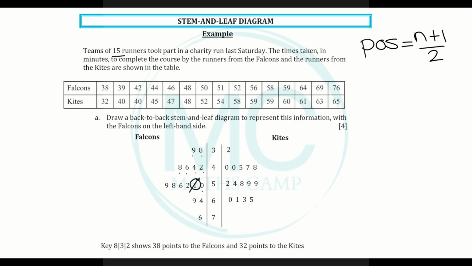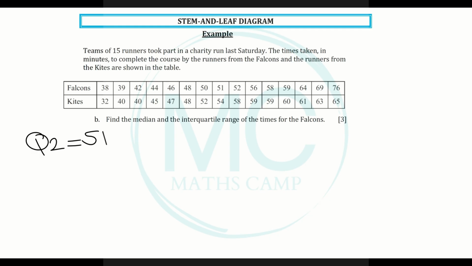So for the position of Q1, I can say 7 plus 1 over 2. 7 plus 1 is 8. Divided by 2 gives me 4. Start with the lowest value. 1, 2, 3, 4. So 44 is our Q1. So I can say the lower quartile, Q1, is equal to 44.